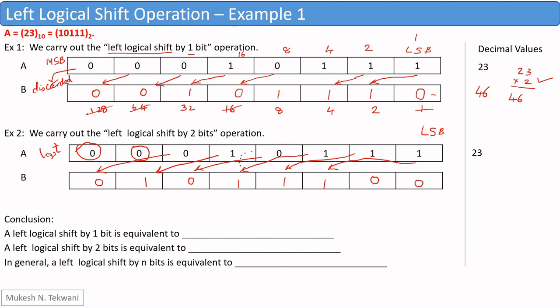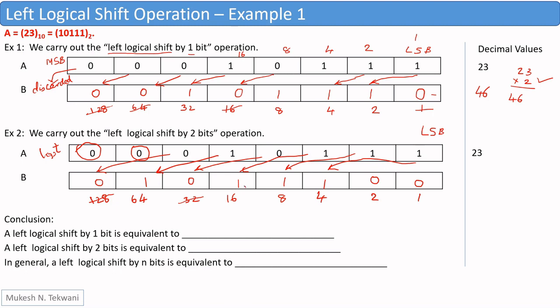Let us consider this number. What is the value? The weight of this bit is 1, weight of this bit is 2, this bit 4, 8, 16, 32, 64, and 128. Since the bit here is 0, we strike off, we don't use this. 64 into 1, that is 64. Similarly, this 32 value we strike off because the bit value is 0.